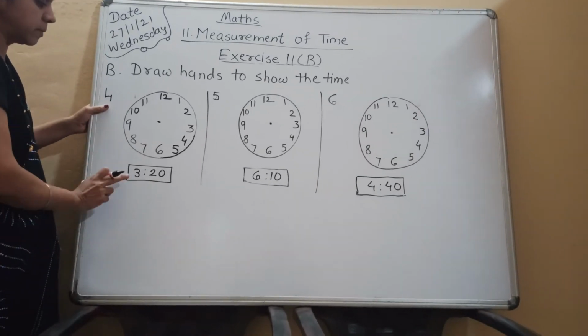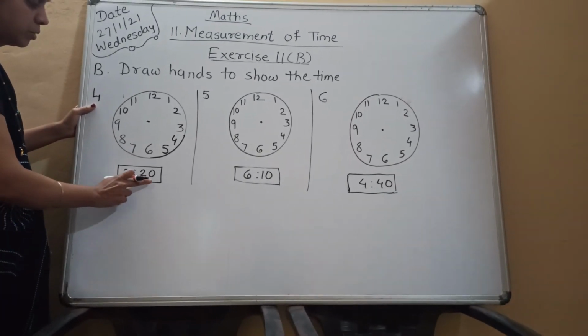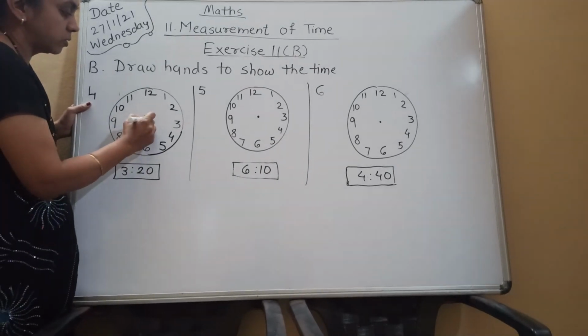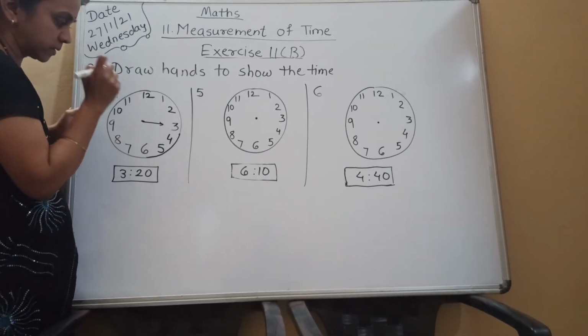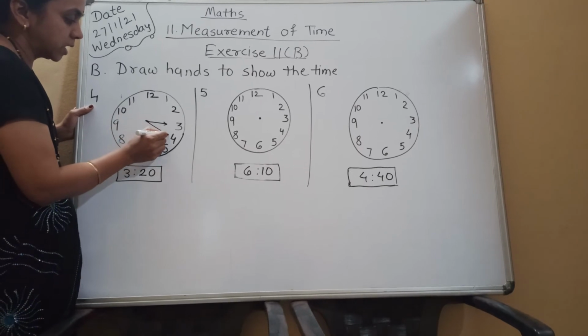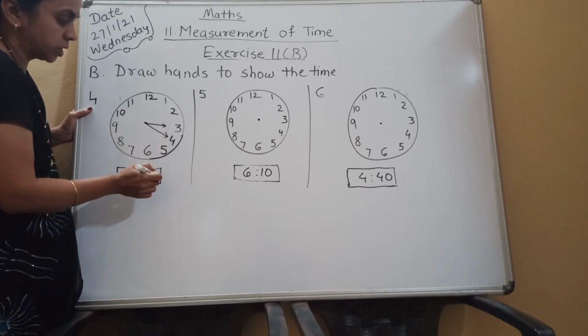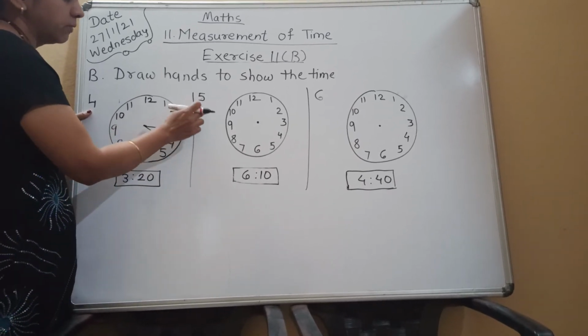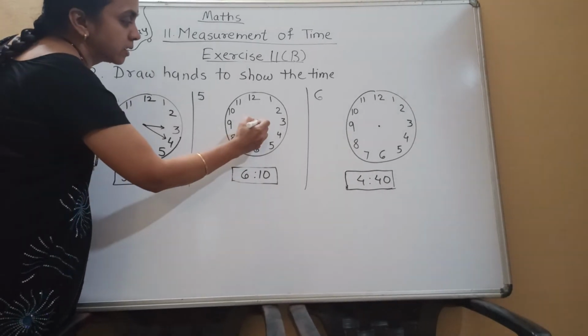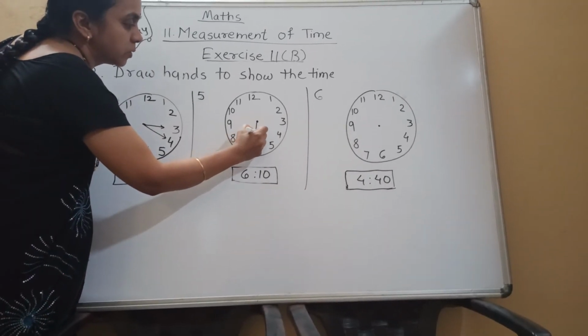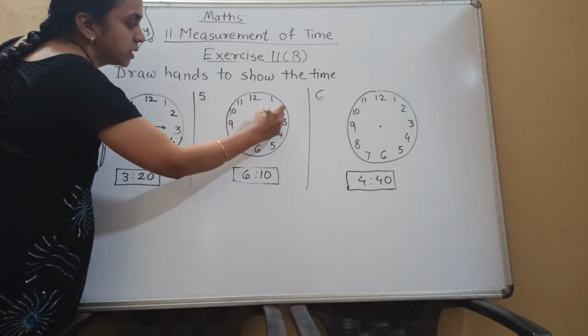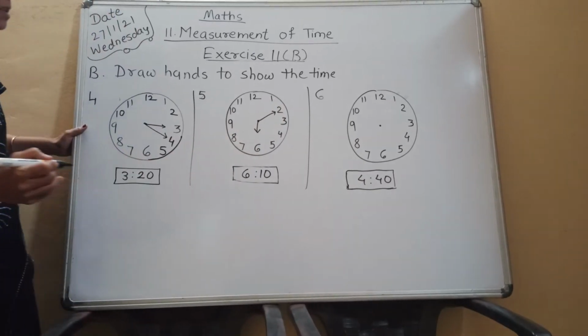Now see fourth example. What time is given? 3:20. So our shorter hand is towards this 3 and longer hand towards this 4. 3:20. Now see fifth example. 6:10. This shorter hand towards this 6. 10 means 2. 6:10.